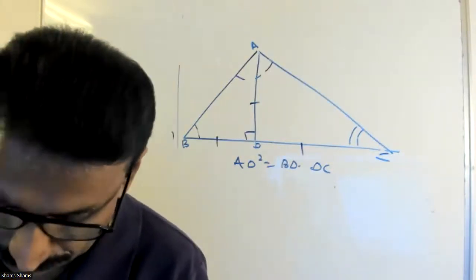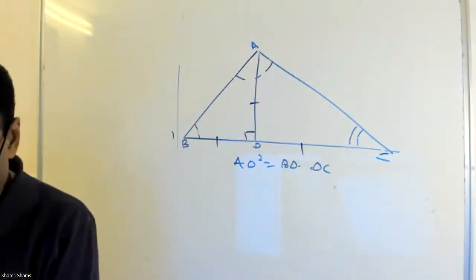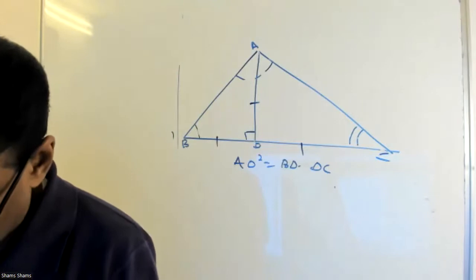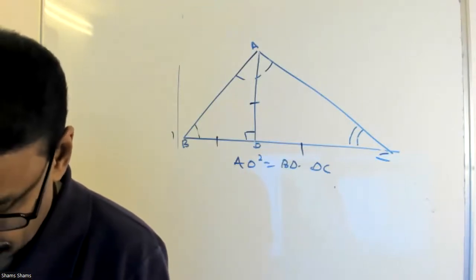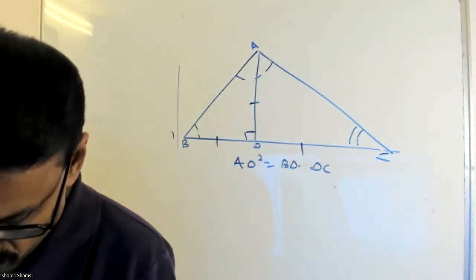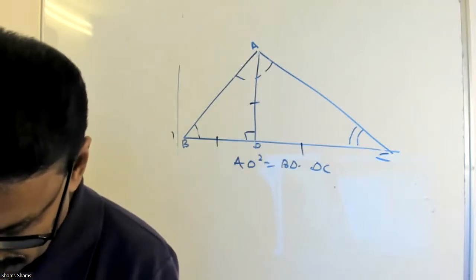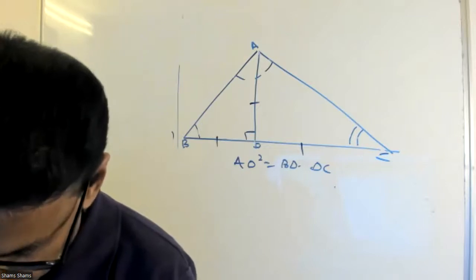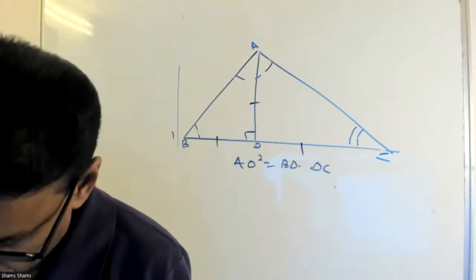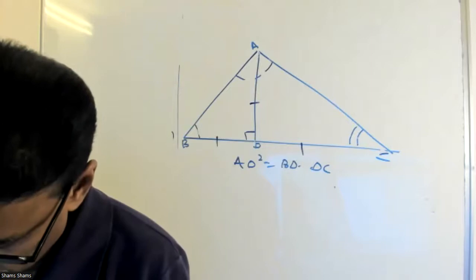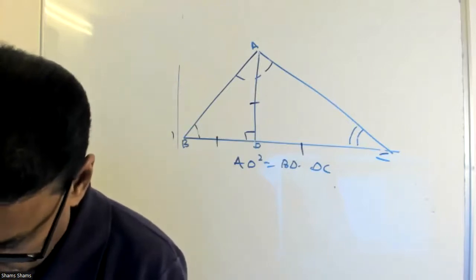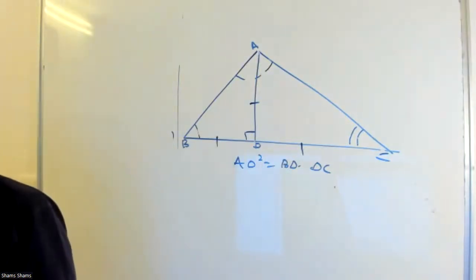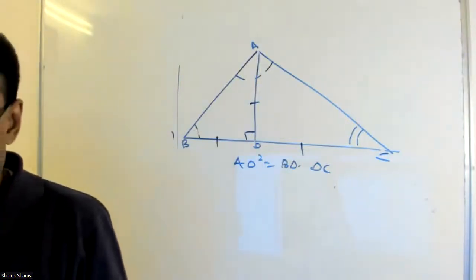In the figure, AB parallel DC, find the value of X. No, forget about that method now.